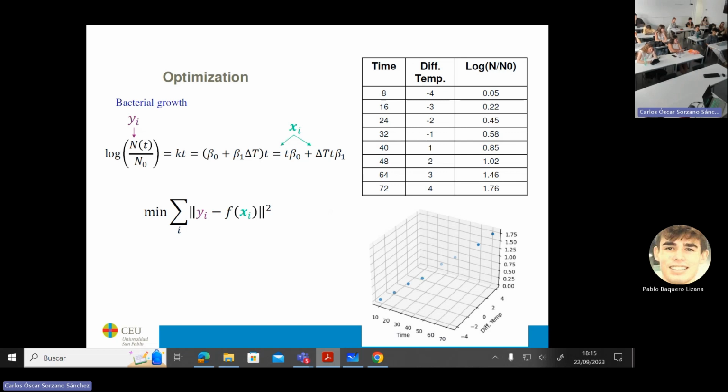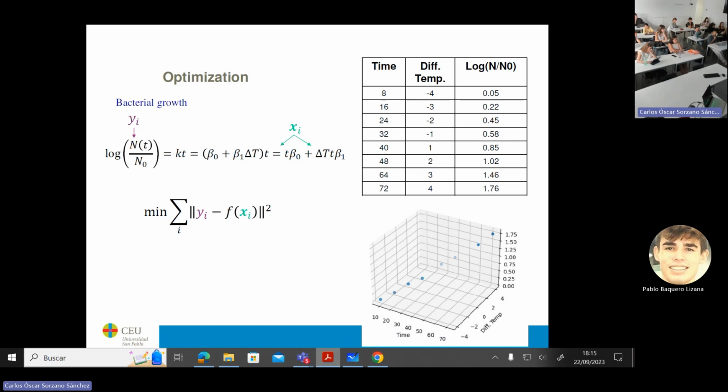So the parameter estimation is, for instance, let's say that I am observing how a bacteria culture is growing over time. So somehow I measure the population size with respect to the beginning, and I will put it in logarithmic units.